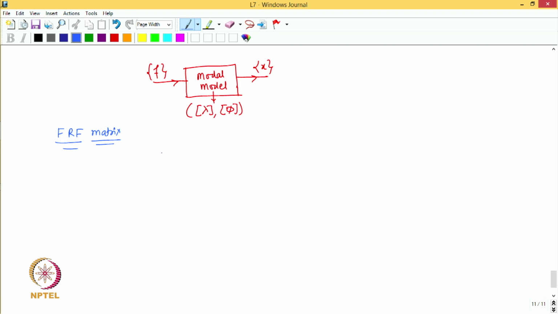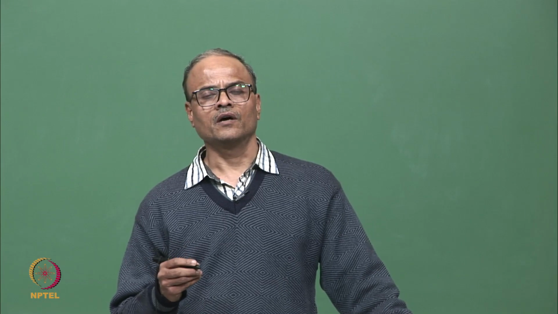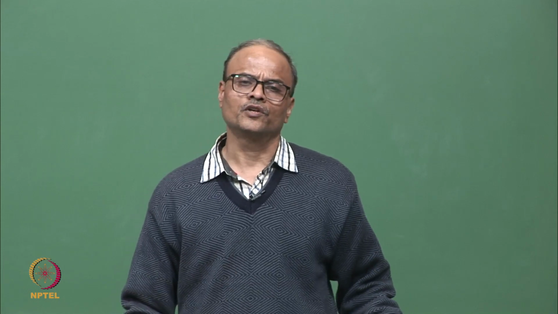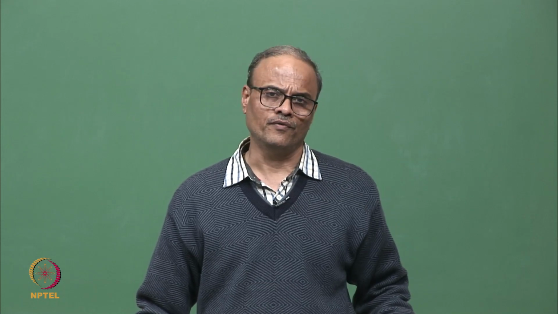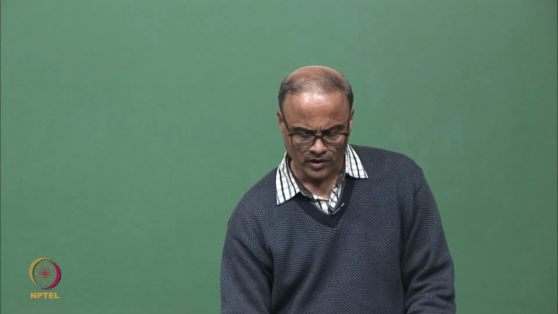For an MDOF system, there are n degrees of freedom at which responses can be measured, right. Similarly, n DOFs are there where forces can be applied. So, we can have several combinations of the response and force coordinates corresponding to which the frequency response function can be defined, right.